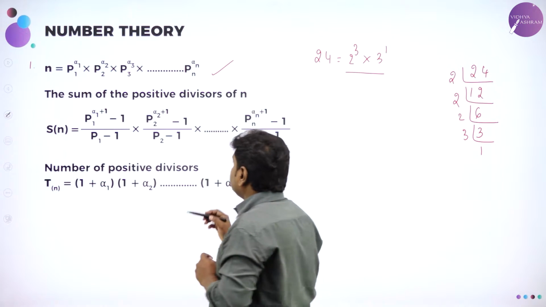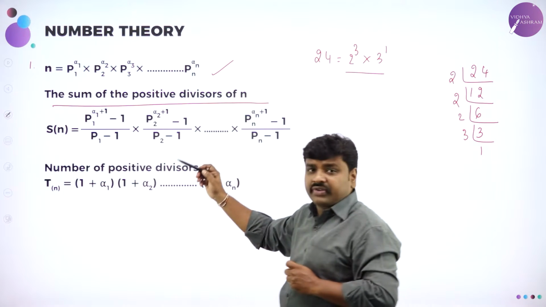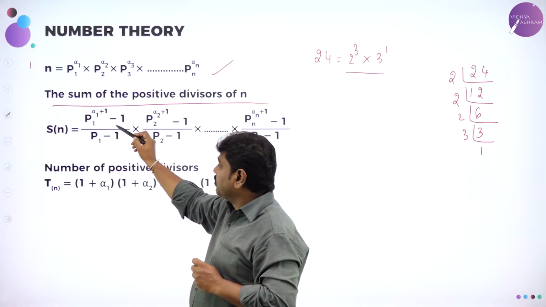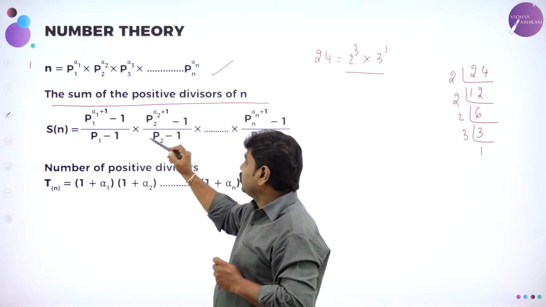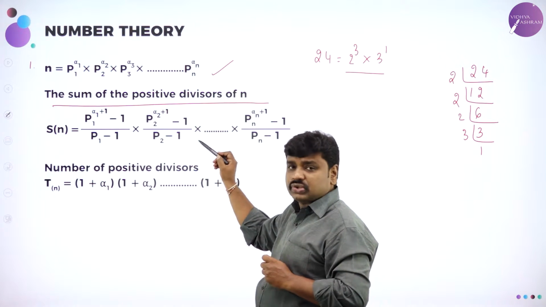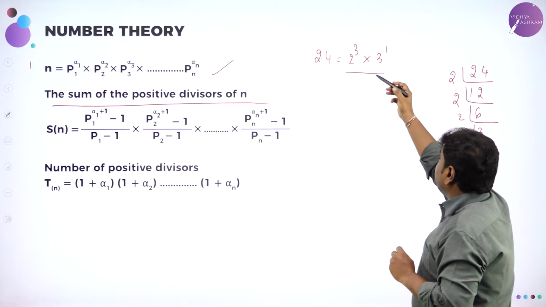Next, we can find sum of divisors using the formula. So if you want to find sum of divisors, answer is P1 power alpha 1 plus 1 minus 1 divided by P1 minus 1 into P2 power alpha 2 plus 1 minus 1 divided by P2 minus 1, so on. It is very simple. You take the number. So what is the first prime factor?